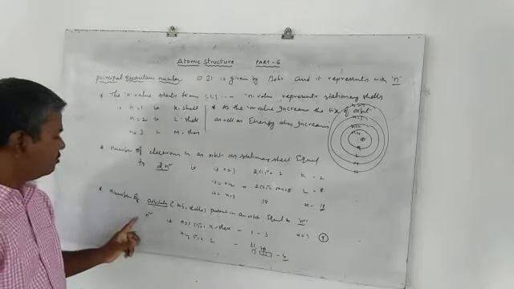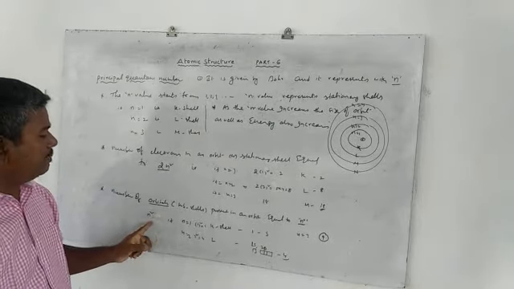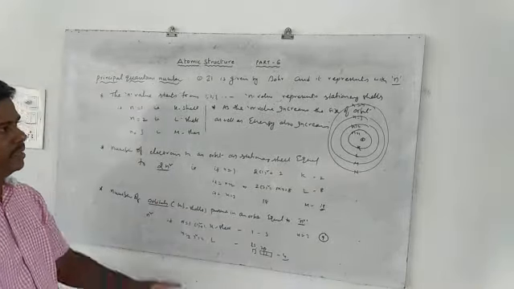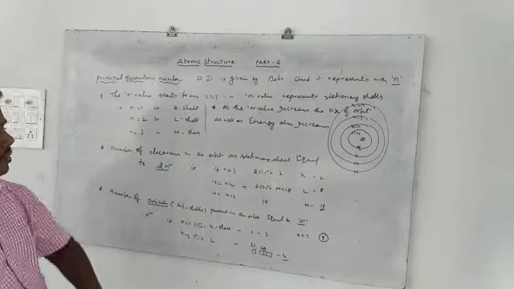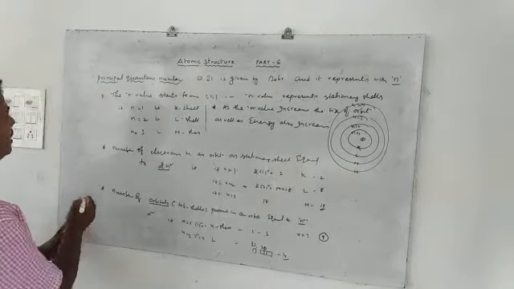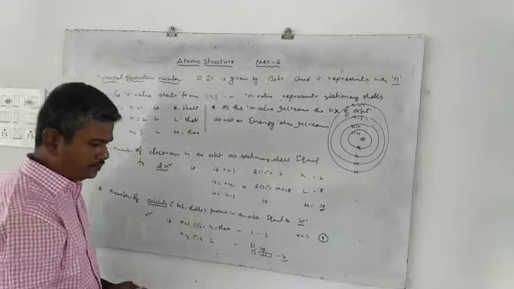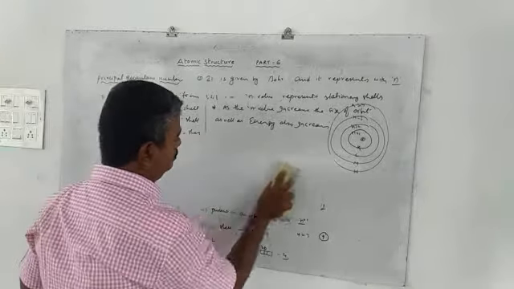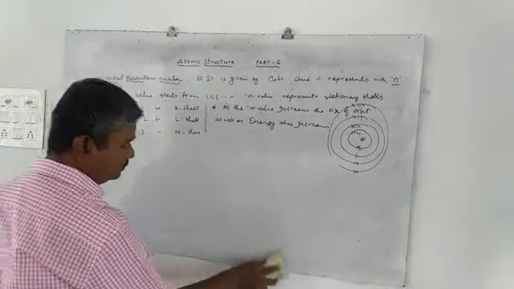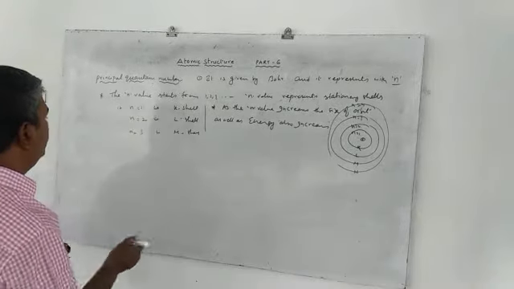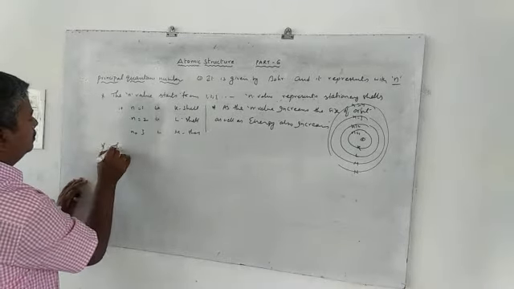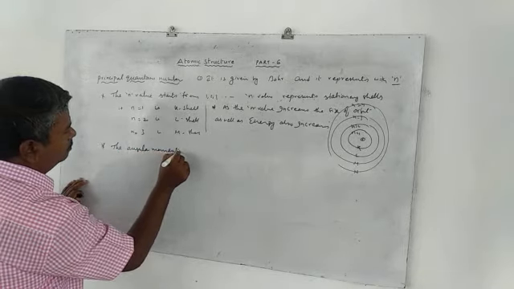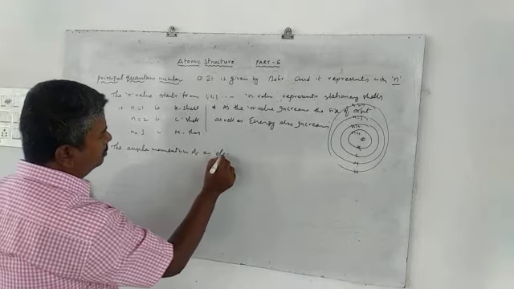So n square also gives us which one? The number of orbitals or subshells present in a given orbit. That is the information given by which one? Principal quantum number. Also, we can calculate the angular momentum of an electron.